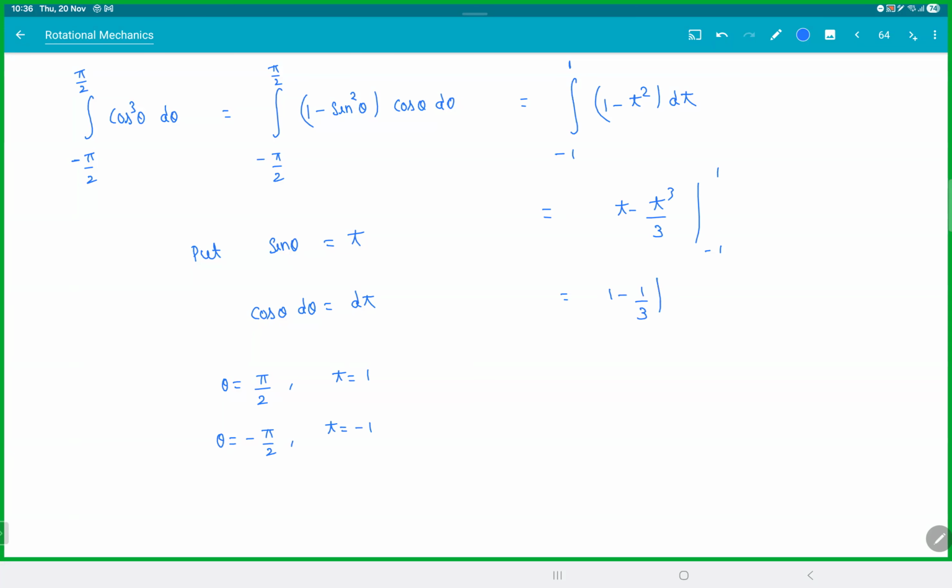1 minus 1 by 3. Now substitute: 1 minus 1 by 3 minus of minus 1 plus 1 by 3. That would be 2 by 3 minus of minus 2 by 3. That's 4 by 3.